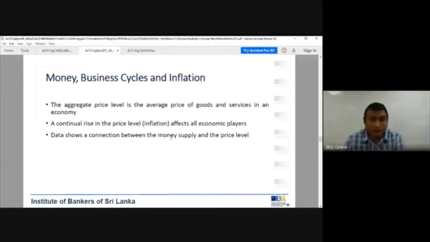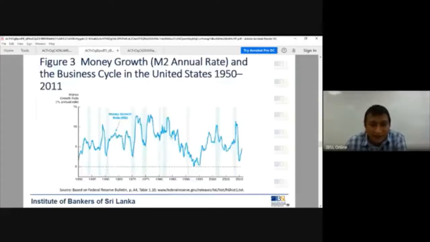So this is a possibility Milton Friedman was trying to explain, and there were periods where money growth is reflected in this chart itself, the blue lines, the increase points, and then you see shaded areas. These are the recessionary points in the US, when they see higher money supply, and then subsequently the recession occurs and the money supply tries to decline.